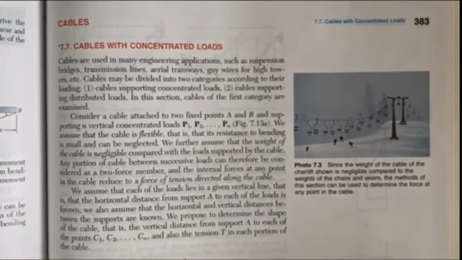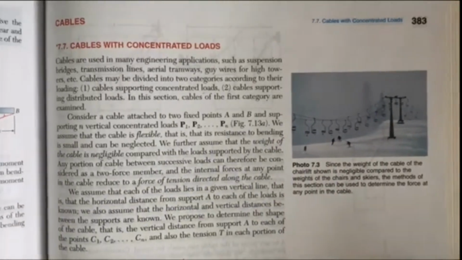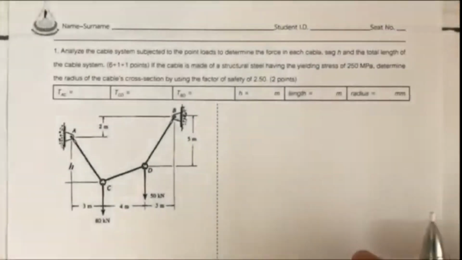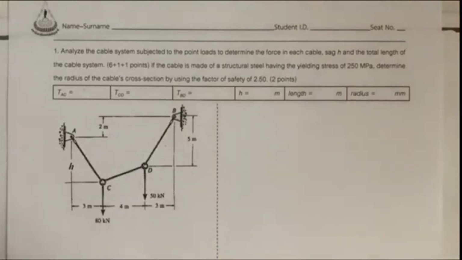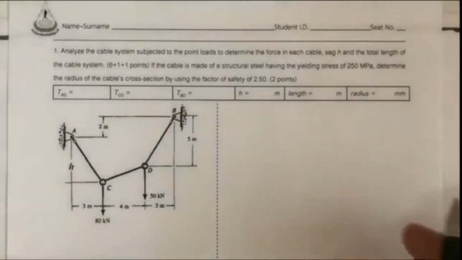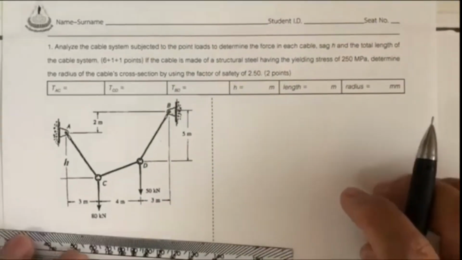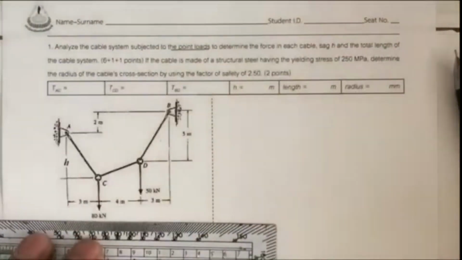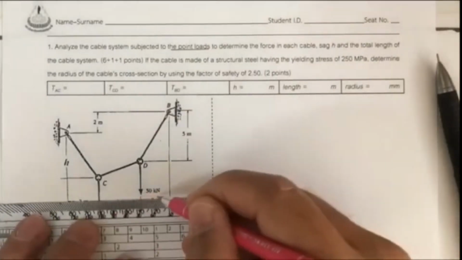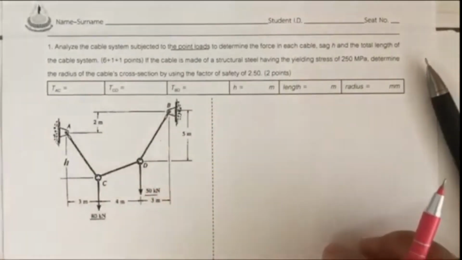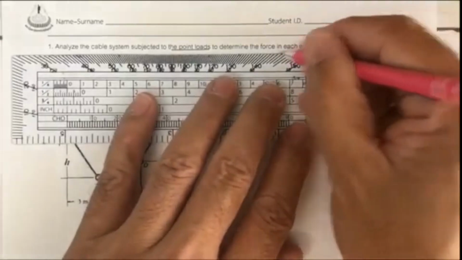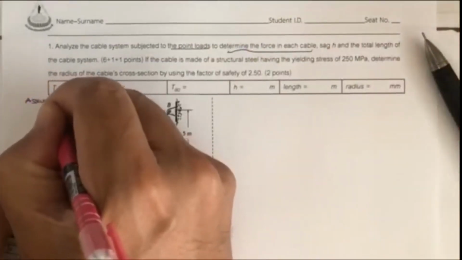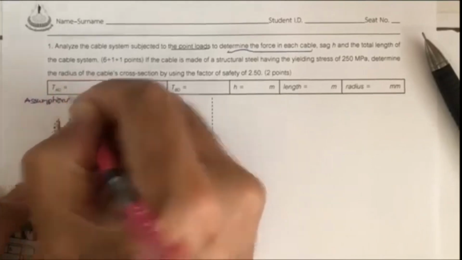Okay, let us start by trying to solve this example to show you, and let us consider the cable system shown in this picture. The cable supports a series of point loads, which are 80 kilonewton and 50 kilonewton. And to determine the force in each cable, there are assumptions we should make here.